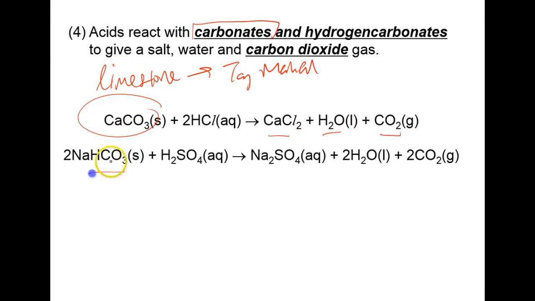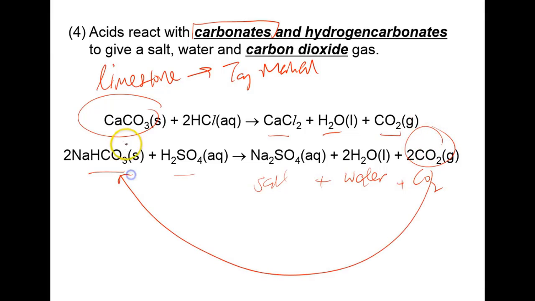For hydrogen carbonates it's the same thing. So hydrogen carbonates with acid also give us a salt, water and carbon dioxide. So the carbon dioxide comes from the hydrogen carbonate or the carbonate portion.